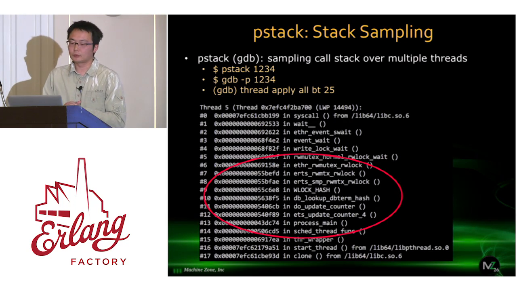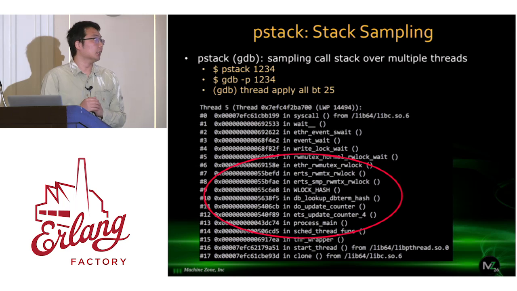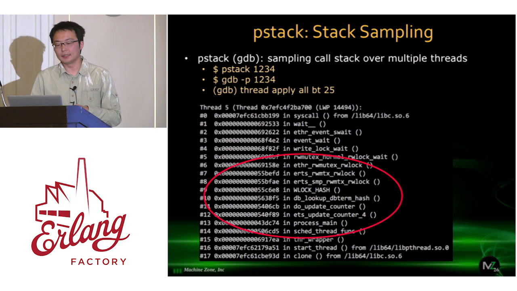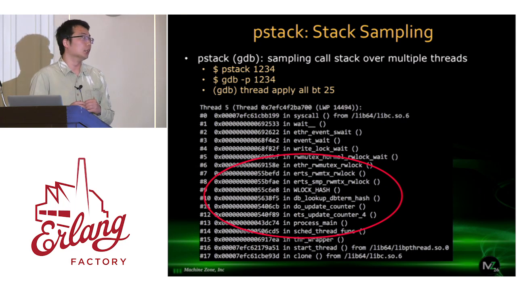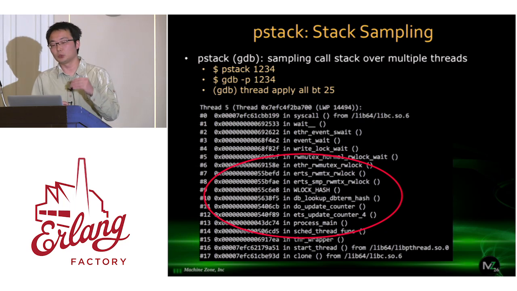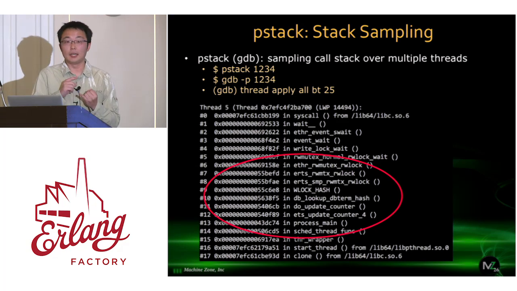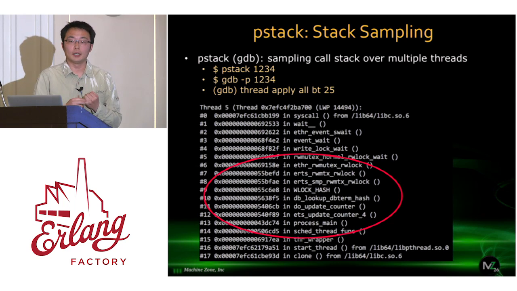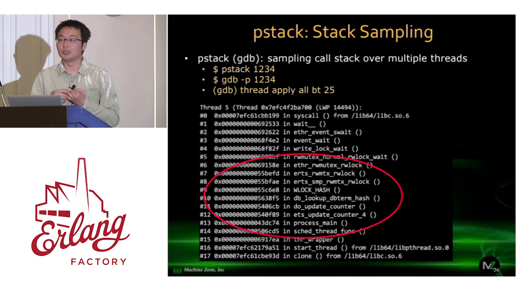The first very handy tool we use is pstack. When you type pstack with the process ID, it will print the stack trace of all the threads of your Erlang VM. By glancing at this quickly, you can check whether a lot of locking is happening, or whether a lot of schedulers are idling or doing nothing.